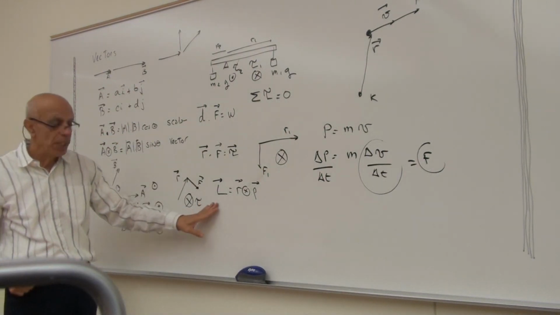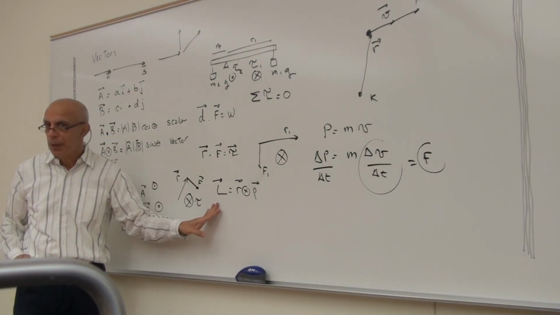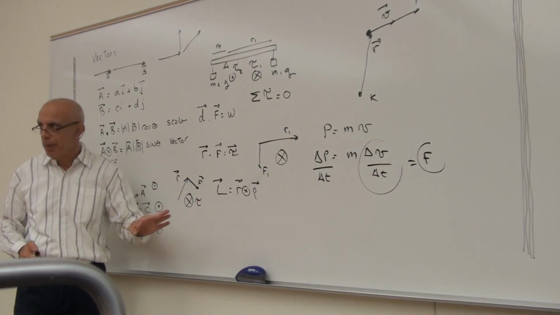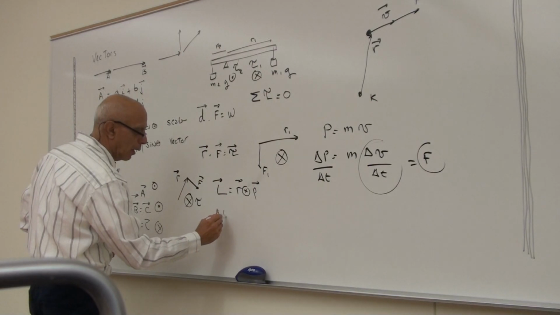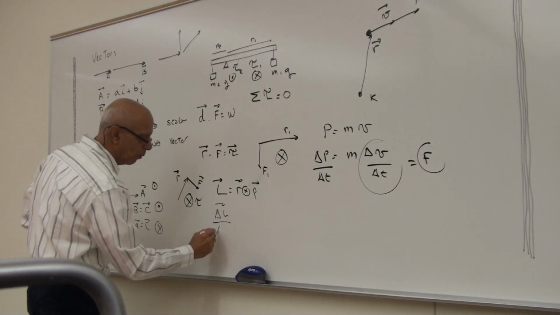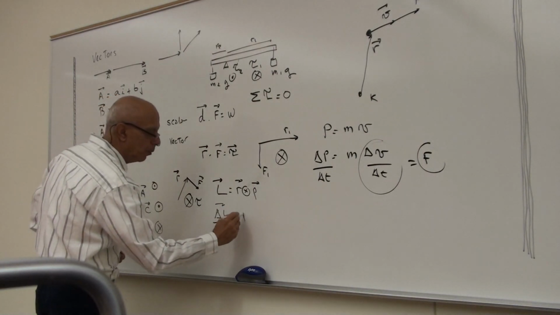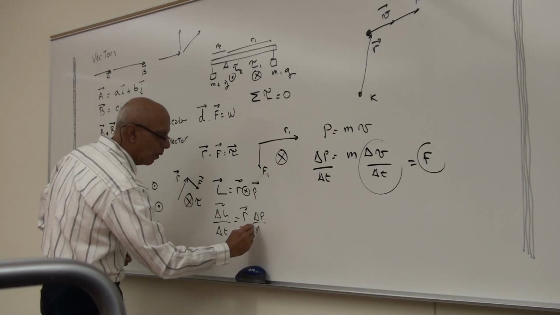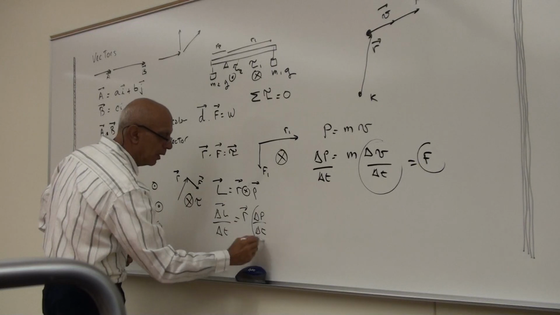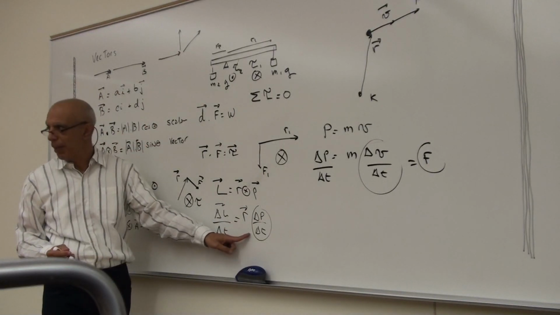Now here, with the angular momentum, the analogy is the same. If I have a delta L over time, it's going to be a delta P over time here. But this here is force, right?